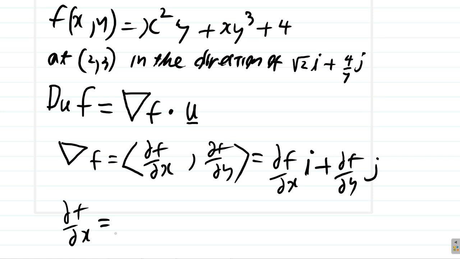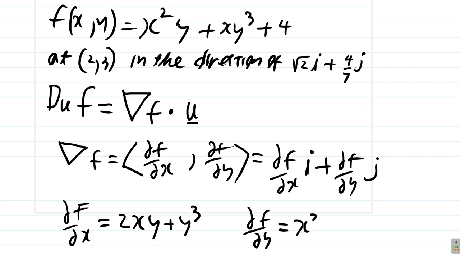Now, here, you want to find the partial derivative of f with respect to x, which is going to be 2xy plus y cubed. See that? Then the partial derivative of f with respect to y would be x squared plus 3xy squared.